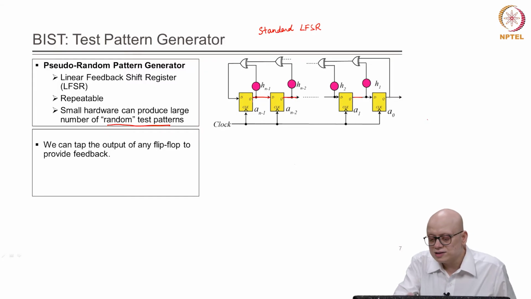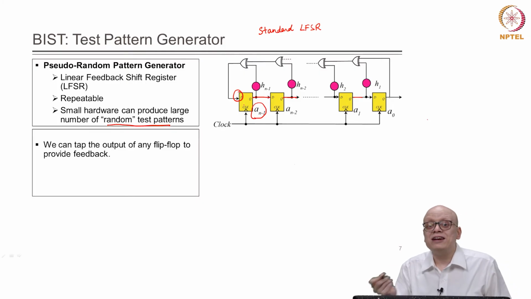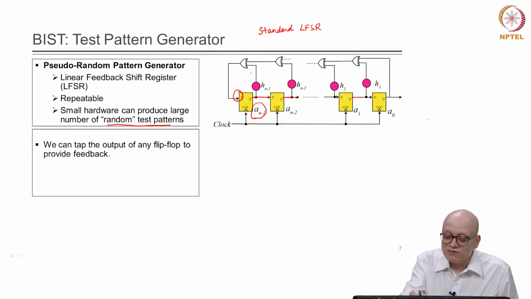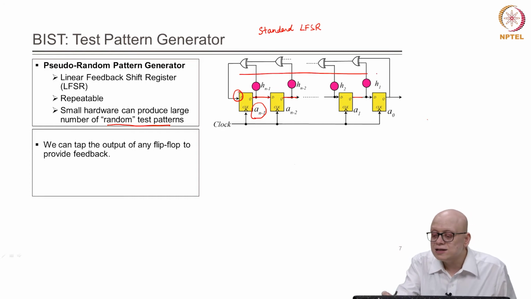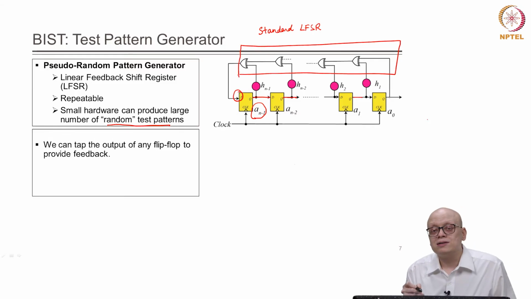The only difference is that the first flip flop, whose output is labeled as An-1, is getting a feedback from other state elements. The feedback consists of logic gates, or XOR gates.